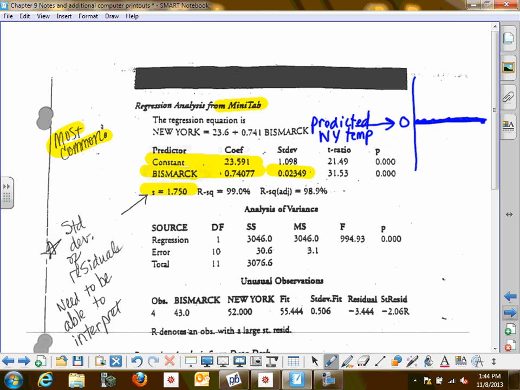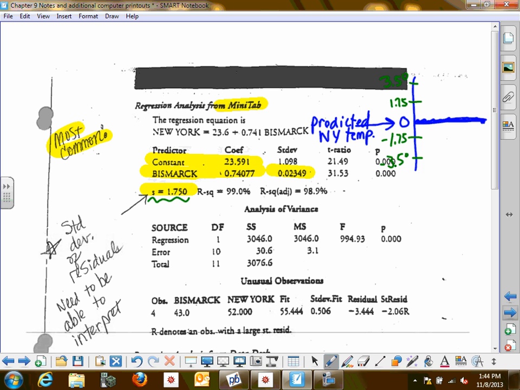Okay, here's the deal. The standard deviation of the residual is 1.75. So if I go up 1.75, that's one standard deviation up. That's 1.75 degrees. And then two standard deviations up would be 3.5 degrees. And then going down, okay?